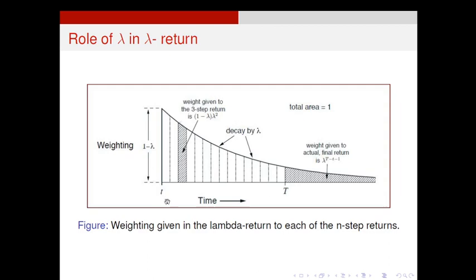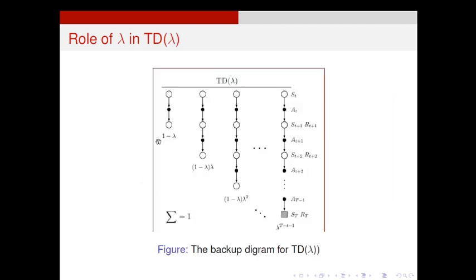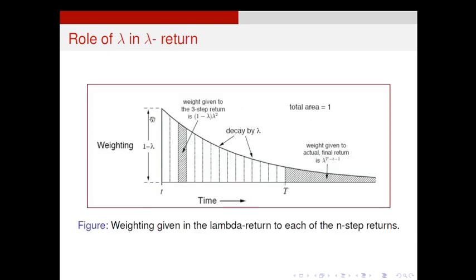Now look, at the initial state in the backup diagram, the coefficient is 1 by lambda. It is the largest one. At state t, the next return is R t plus 1. So at the initial or starting state, it gives higher weightage. That means the immediate state return will get higher weightage. When we move to the next state, it is decayed by lambda.